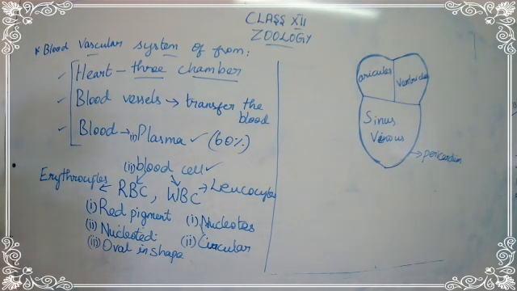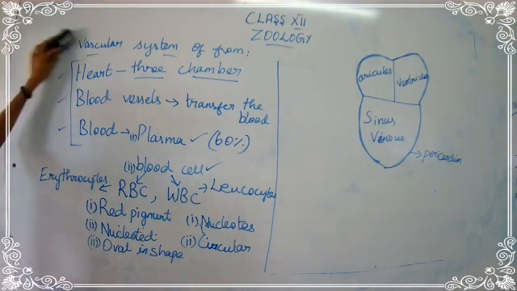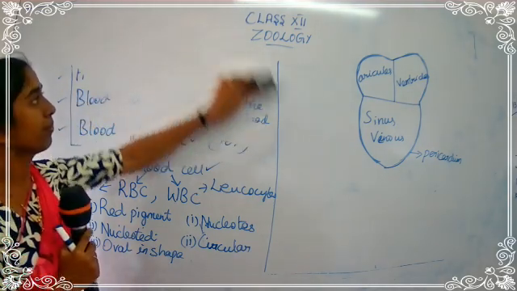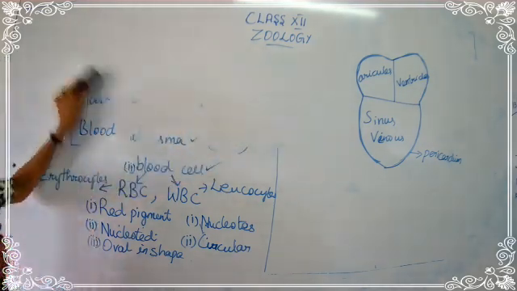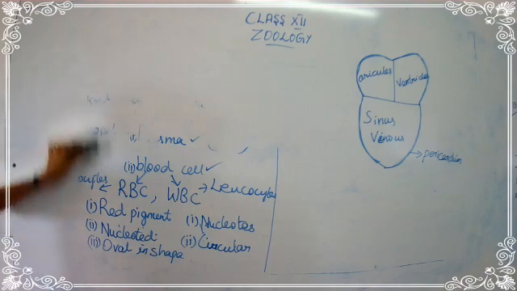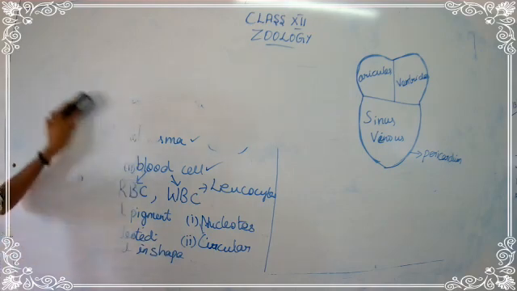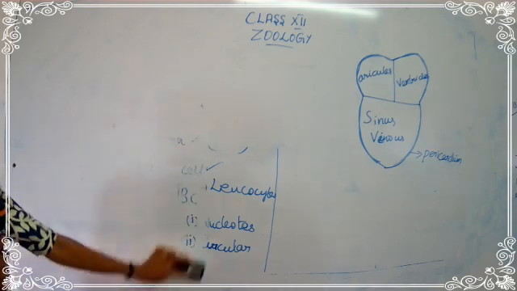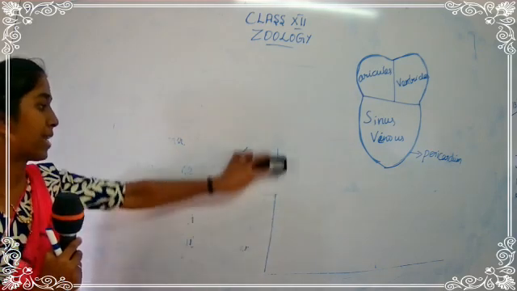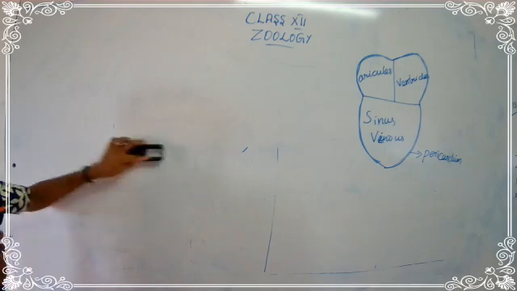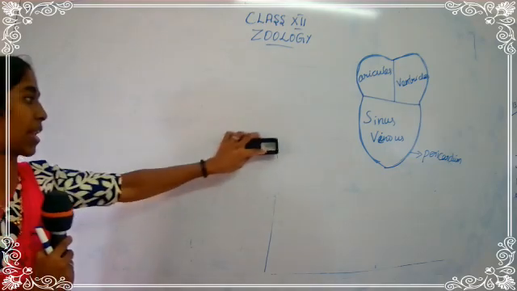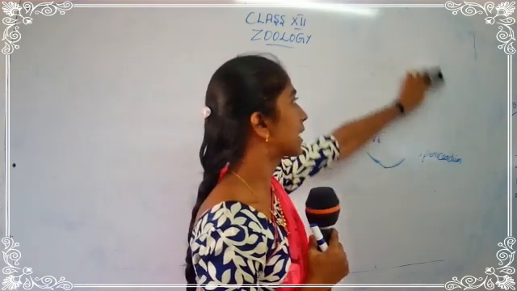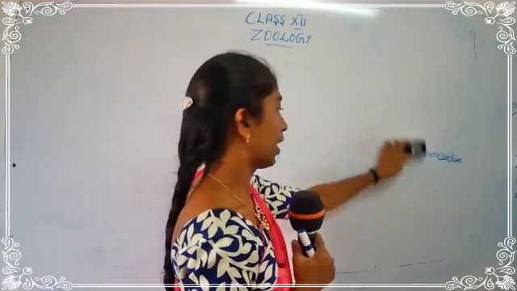So, what are the parts of the blood vascular system of frog? Yes, heart with three chambers and then blood vessels and then blood. These are the parts of the blood vascular system of frog, isn't it?